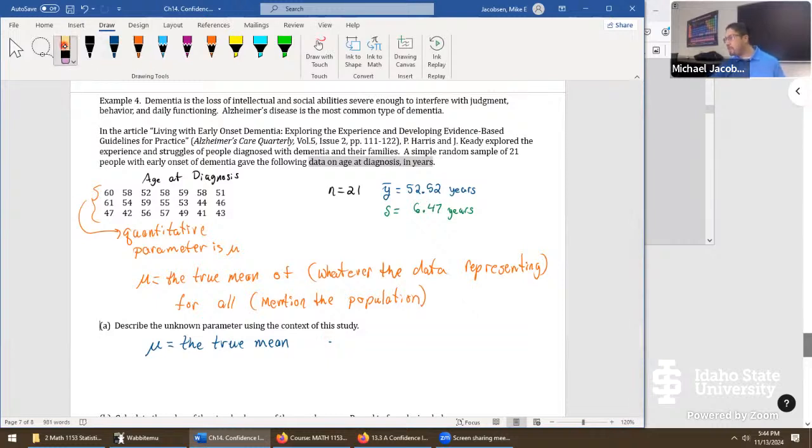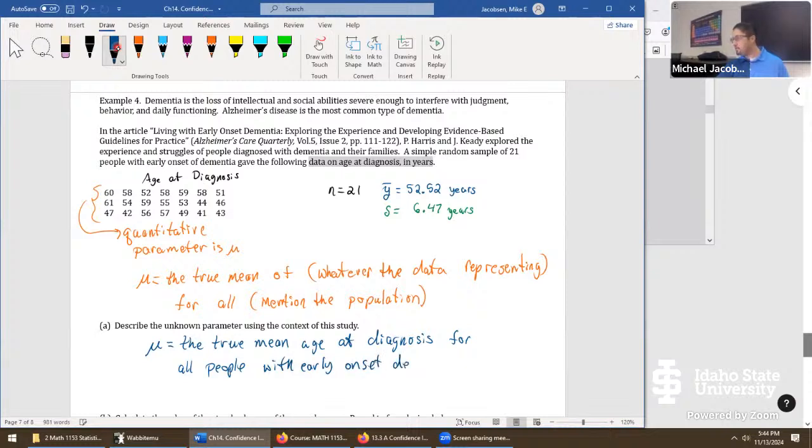It's going to be true mean age at diagnosis for all people with early onset dementia. And that's all we have to say.